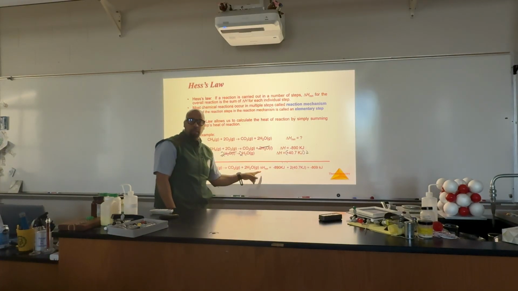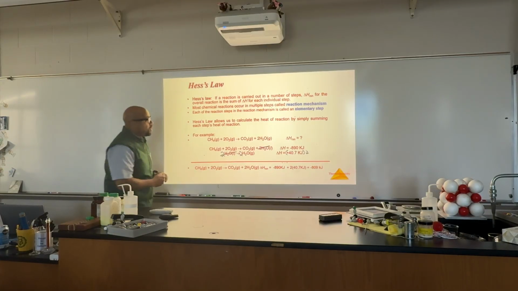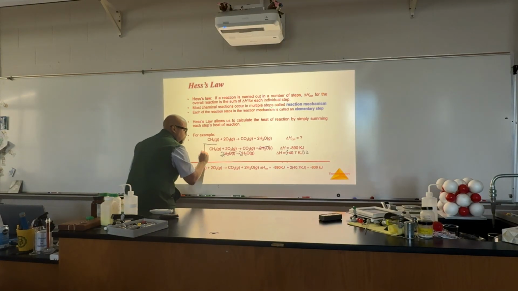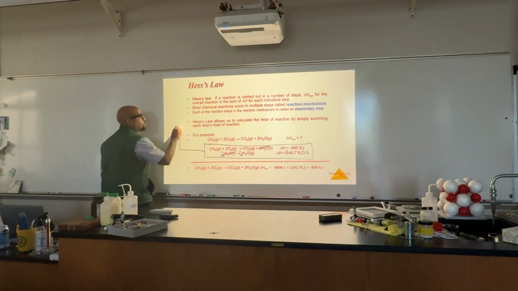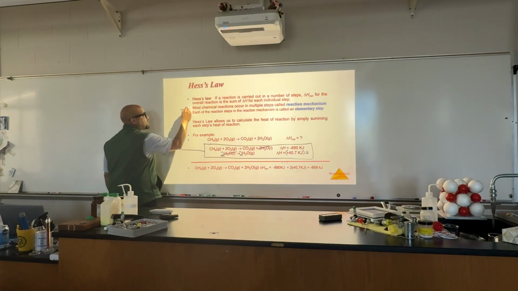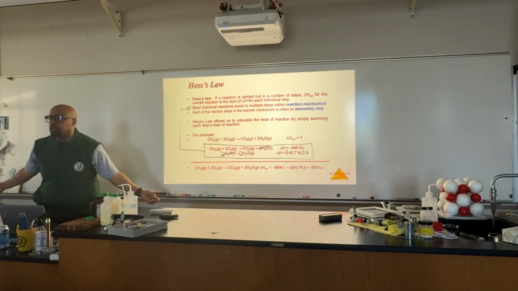This term right here says most chemical reactions occur in multiple steps, which are called the reaction mechanism. When I look at this whole entire picture, like all the different steps in this reaction, that's actually known as looking at the reaction mechanism. I see the full picture.